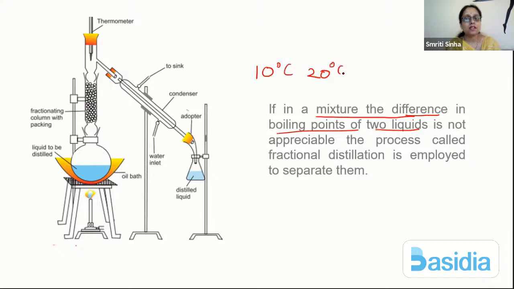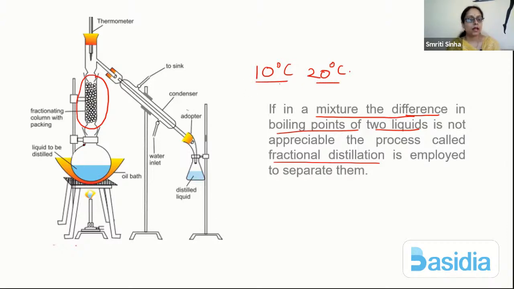In that case, you need to use this technique, that is fractional distillation. In this method, the apparatus is the same as that of simple distillation, only one more fractionating column is added over here.